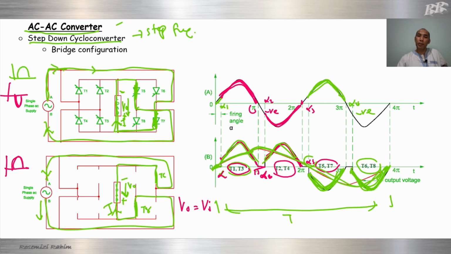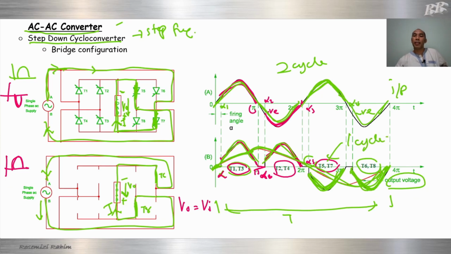Compared to input, this one is output. Compared to input, from here to here is one cycle. Then two cycles. This one is just one cycle.